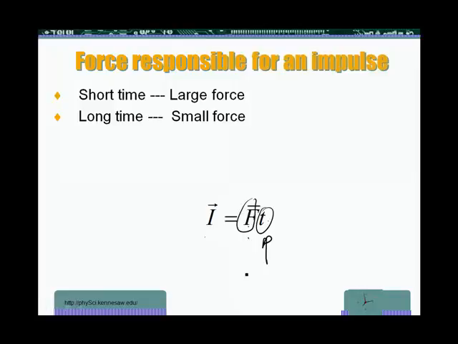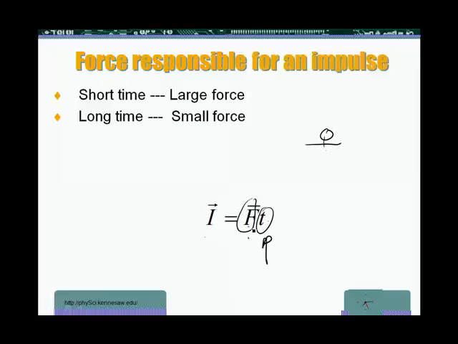If we need a particular change in momentum, like the ball hitting the floor and bouncing back with a certain speed, then if I'm going to apply a force for a short time, I need to apply a large force. If I'm going to apply a force for a long time, then I can apply a small force.